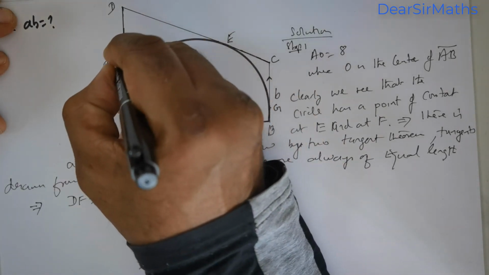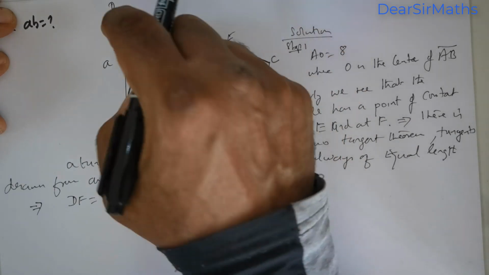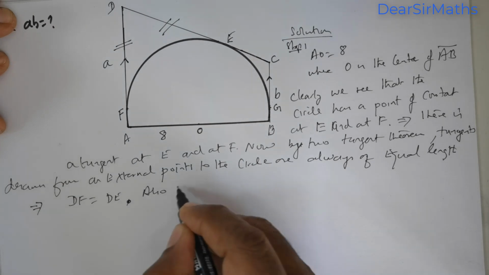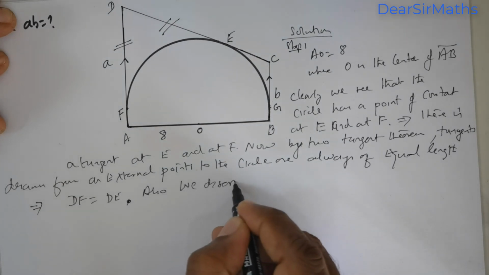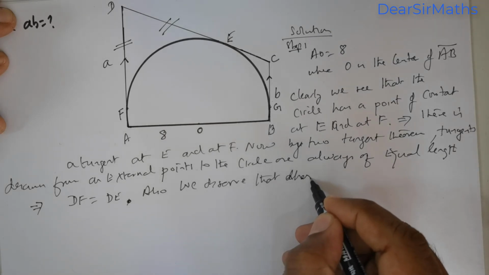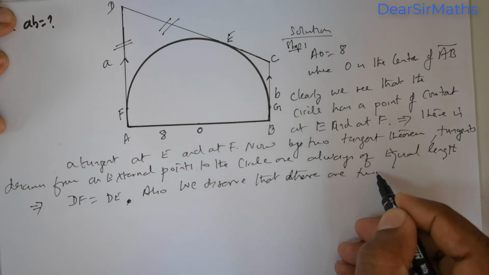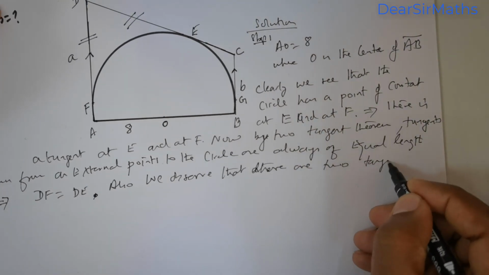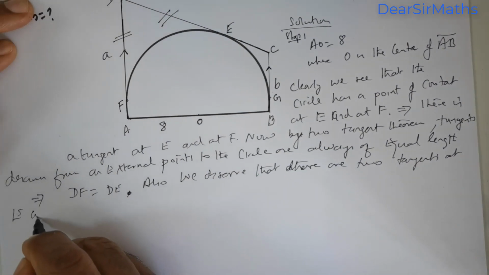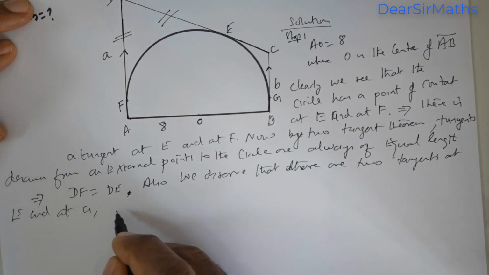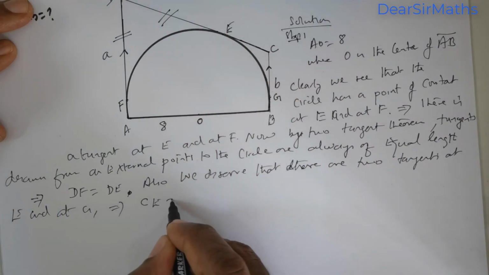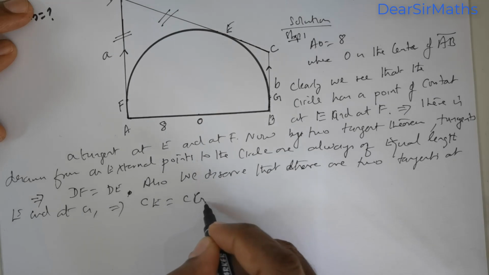So this distance will be the same as this distance. Also, we observe that there are two tangents at E and at G. So this means CE is equal to CG.